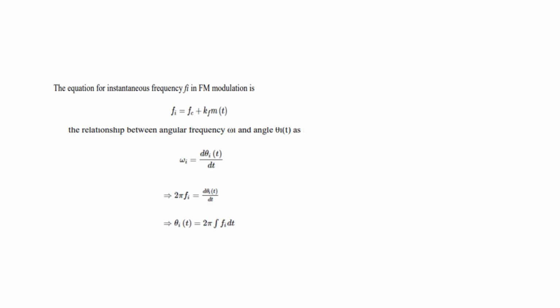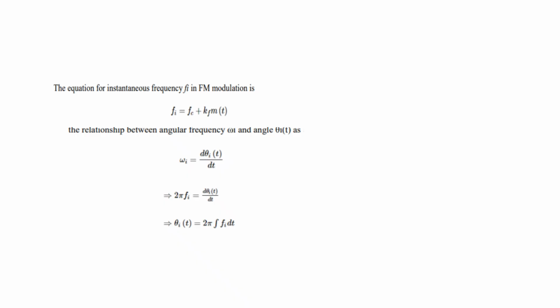Next is the equation of the FM signal. The instantaneous frequency in FM, Fi, is equal to Fc plus Kf into m of t, where m of t is the message signal and Kf is the frequency sensitivity.